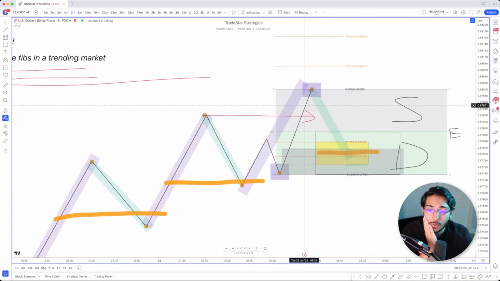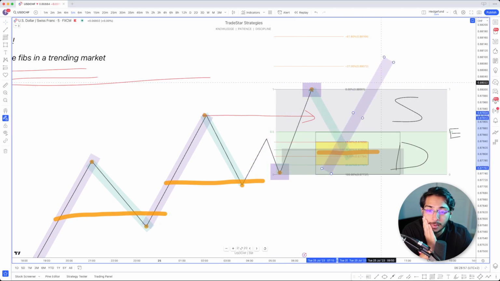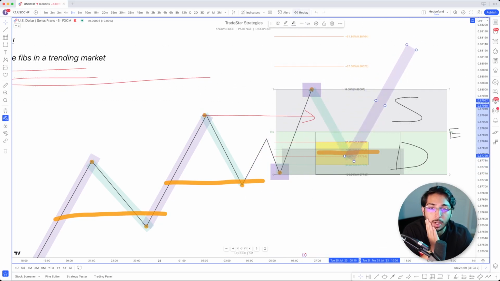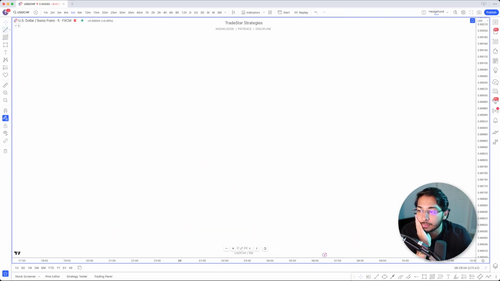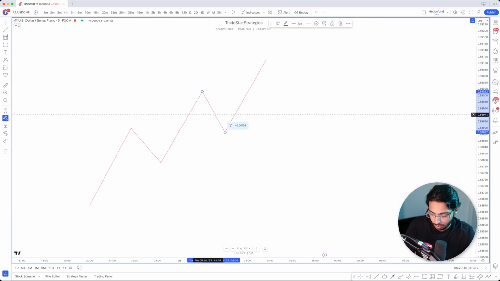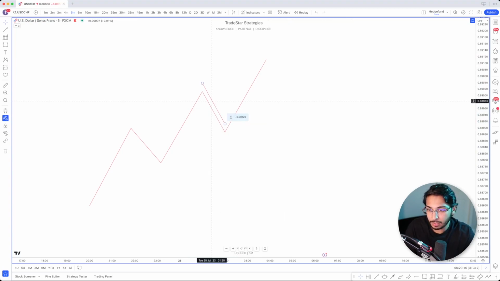And if this last move was roughly this big, maybe the next move will be similar, right? Now, just to break that down into an even simpler way, on a perfect market, if the last move was roughly this big, 9 times out of 10, the pullback will be about this big.